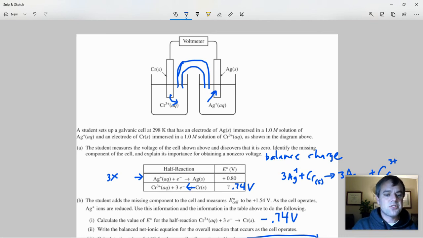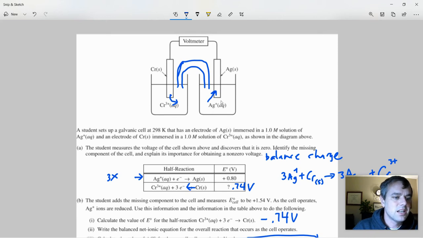So if you started with each of these electrodes weighing 25 grams and you let the cell run, after a while, the silver electrode will have gained mass, while the chromium electrode will have lost mass because those metal atoms are going into solution.